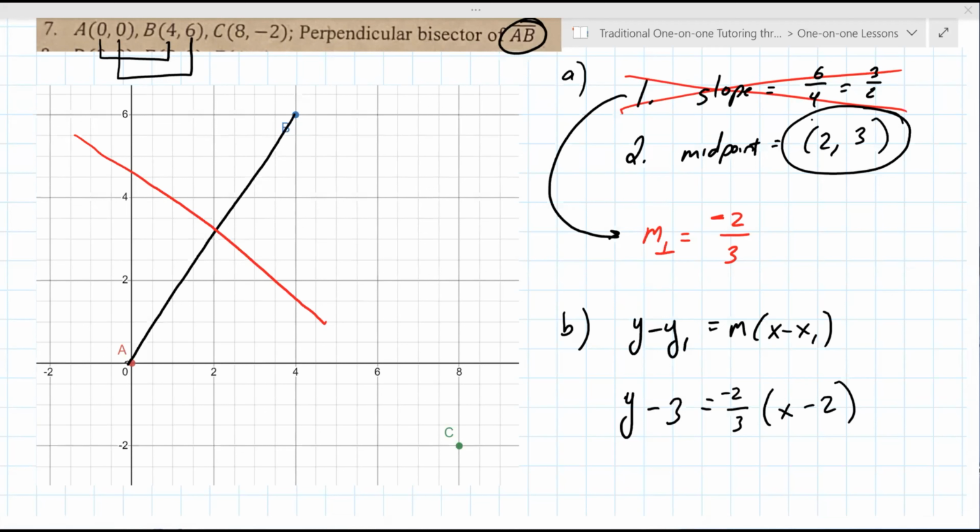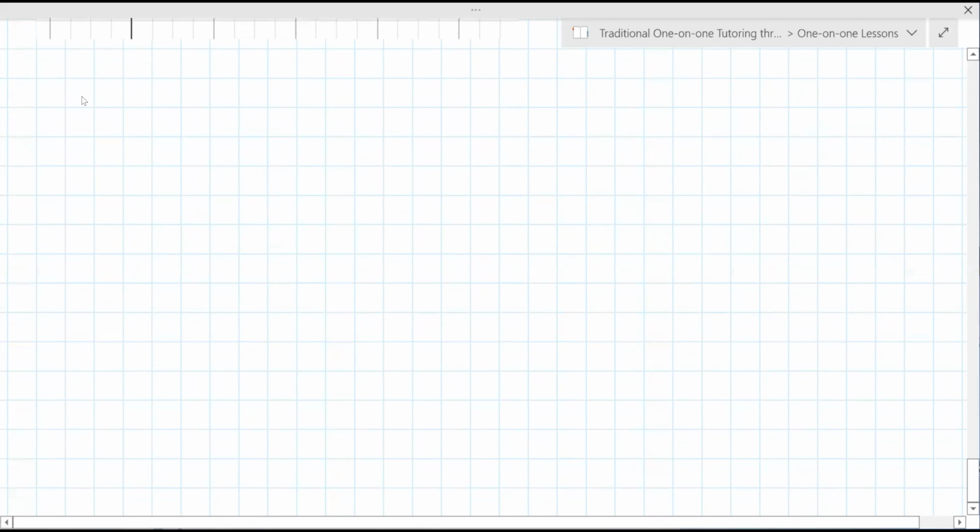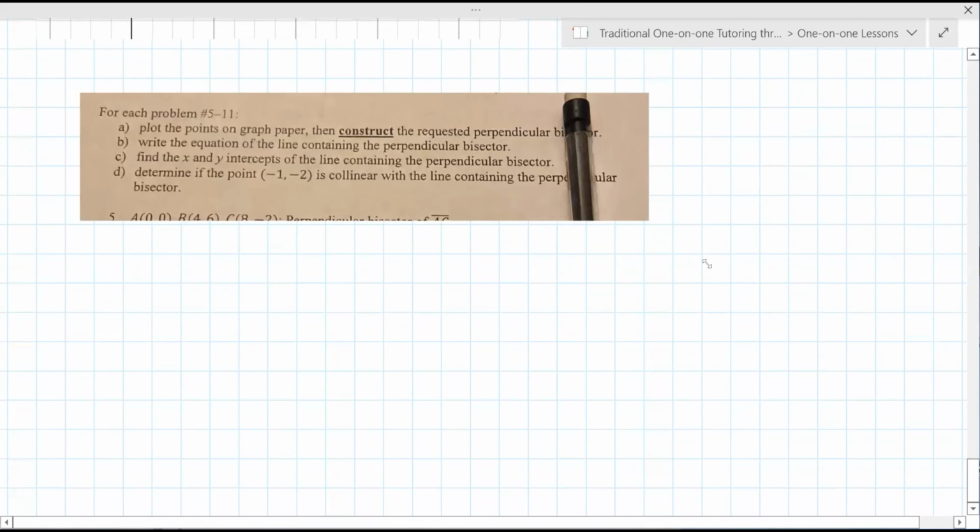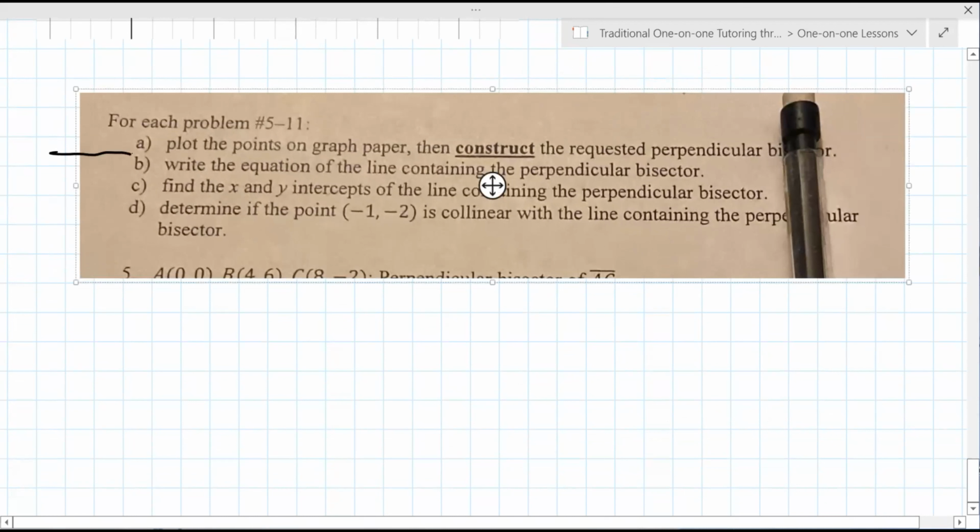Are they in the... For each problem, 5 through 11, and then A and then B. Sorry, could you just say that again? I'm a little lost. That's okay. I'm just trying to get you to read it out loud, so you can hear it in your own head. I just want you to read part B.